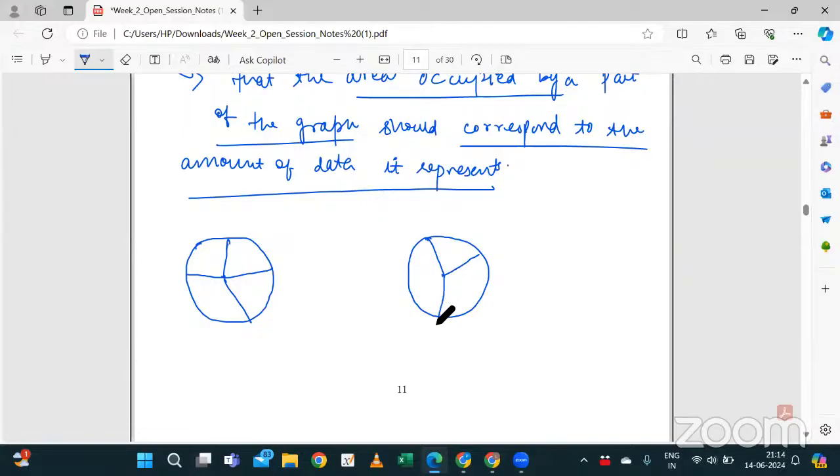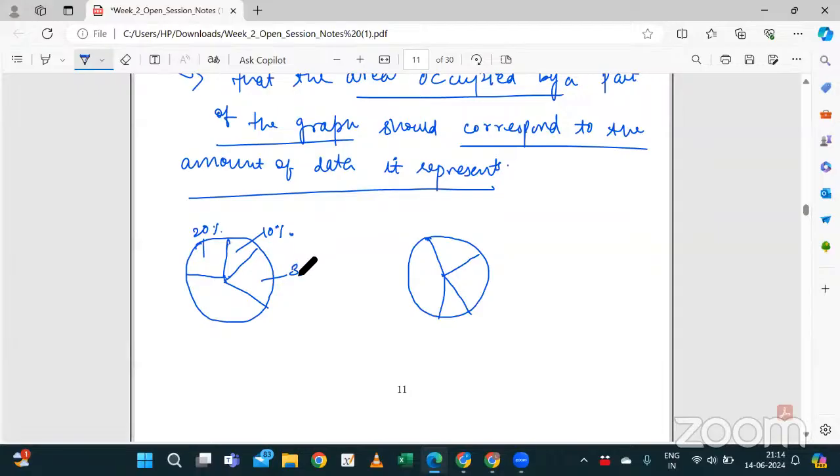Sir, I have some suggestion. Suppose this is the pie chart I have. I have two different pie charts right now. What I'm trying to say will be clear in a minute. Suppose this is 10%, and this is 20%, 10, 20, 30.